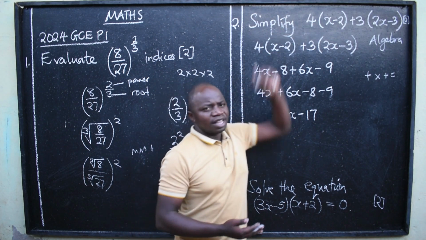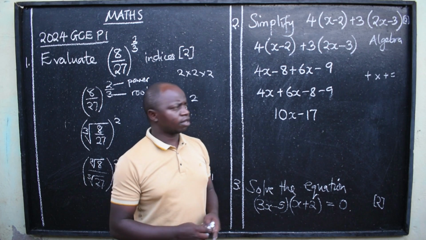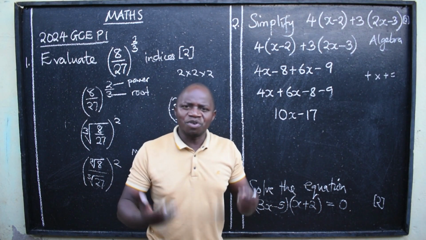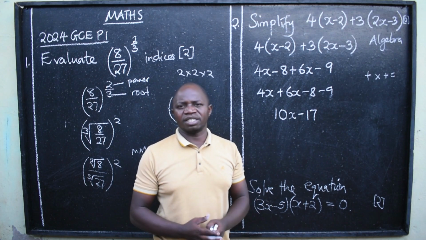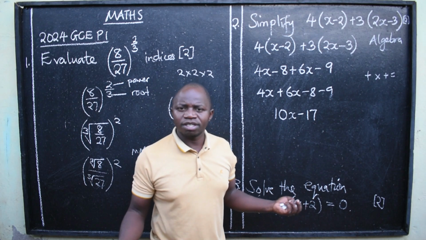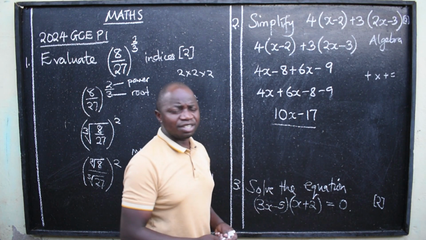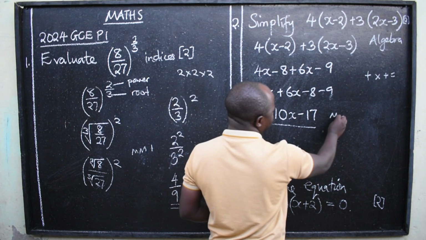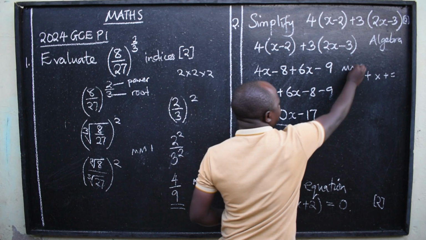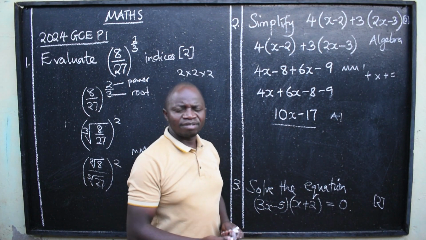You don't know where the question is coming from. So here, algebra says you cannot add or subtract unlike terms. Therefore, this is the end. That's all. The 2 marks will give you 1 for the answer mark and 1 for the method mark. That's it then.